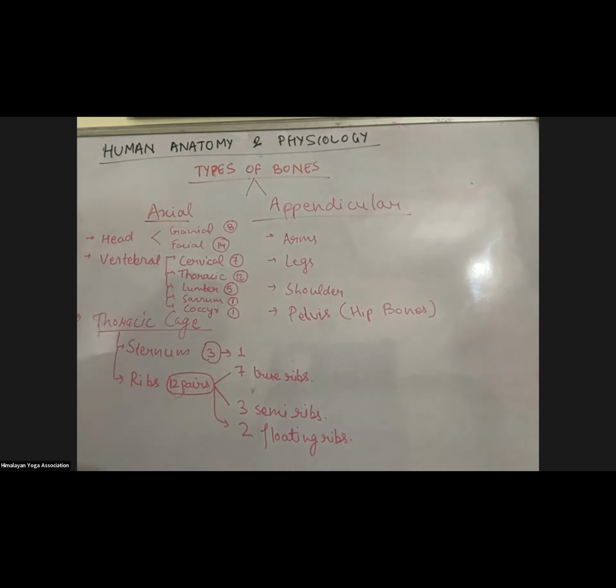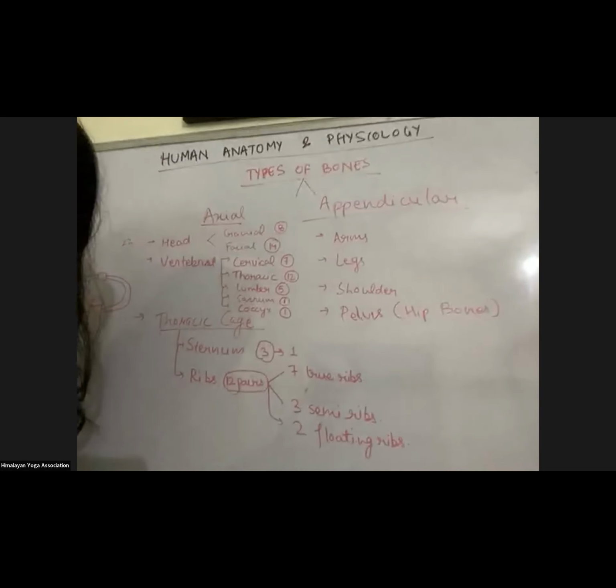They are originating like, suppose this is a vertebrae, and from there we have ribs coming out. And here we have sternum. Do you see it?